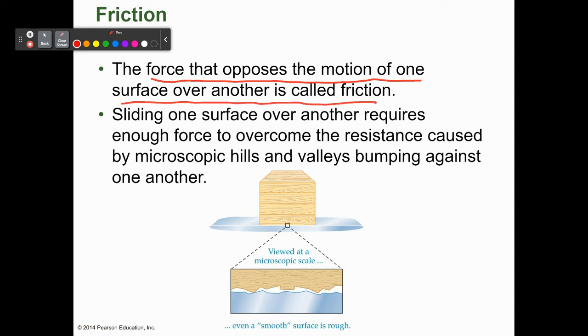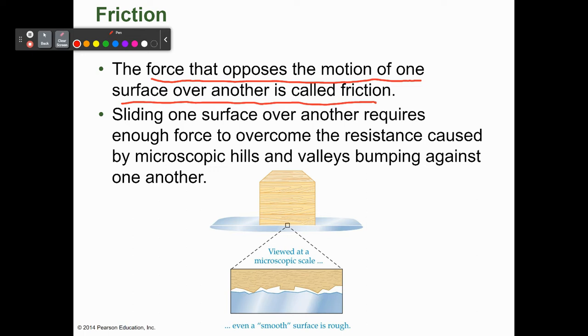So when we say two people have friction between them, it means they're kind of opposites, going in opposite directions, and that causes some problems. But in the physics realm, it's the force that opposes the motion of one surface over another surface.